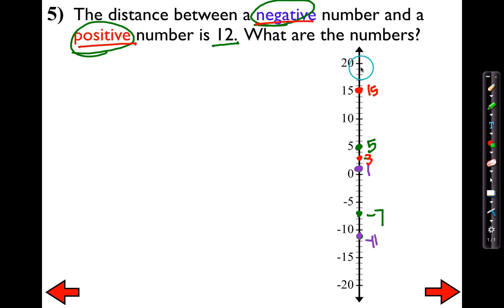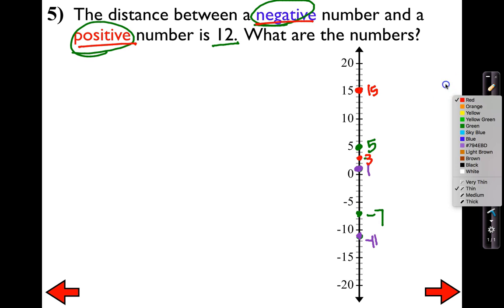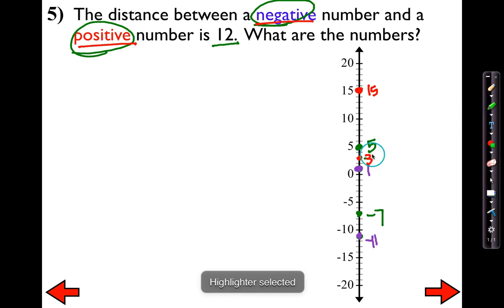If you thought about it, hopefully you recognize that in order for it to be both negative and positive, the number must at least be less than 12. It couldn't be 12, because even if we tried 12, I can show you like this. If I started with 12, which is here, to make a distance of 12, I would have to go down 12 to try to reach the negatives.